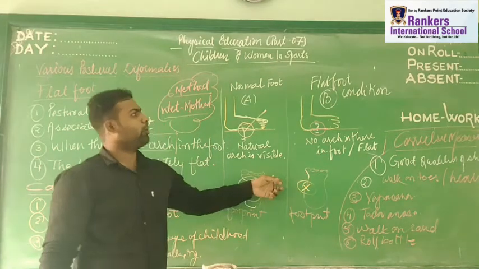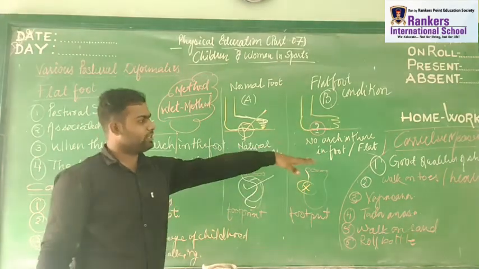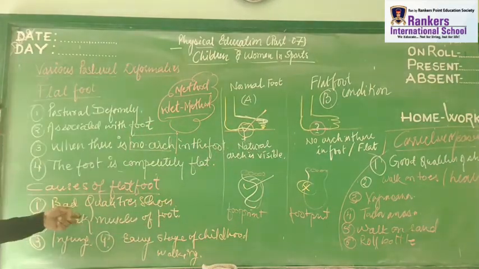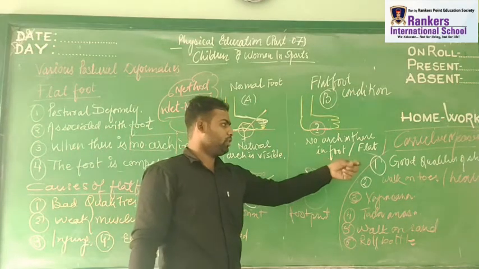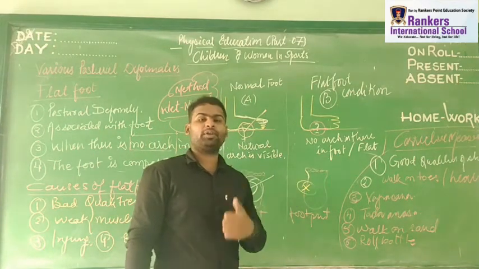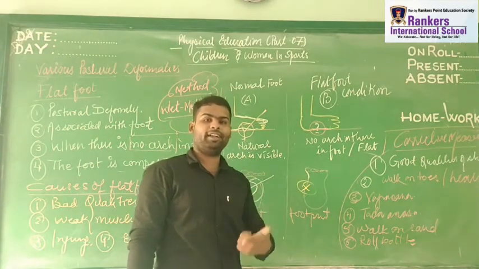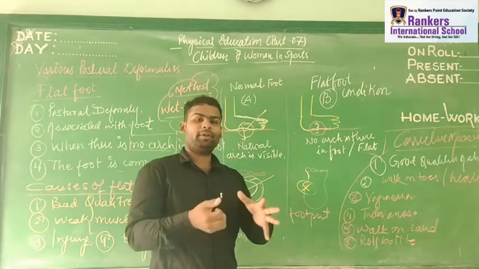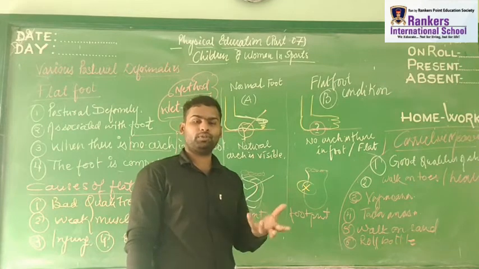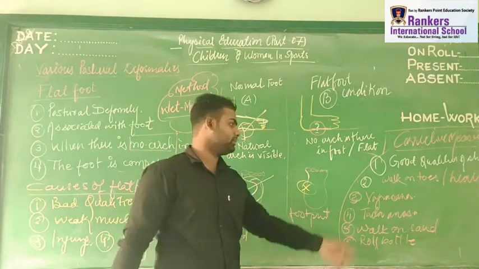So understand properly what is flat foot, what are the causes, we have already understood the causes, and what are the corrective measures. For the corrective measures, you can go for wearing good qualities of shoes, like you can go for Nike, you can go for Adidas, right? These are some good qualities of shoes. Definitely when we go for bringing 200 or 300 rupees shoes, they may affect our health.